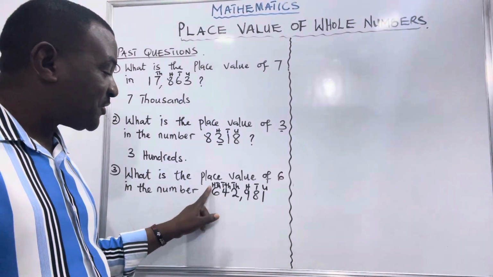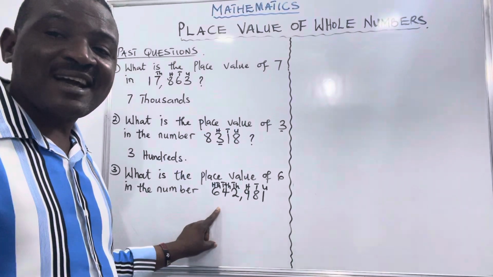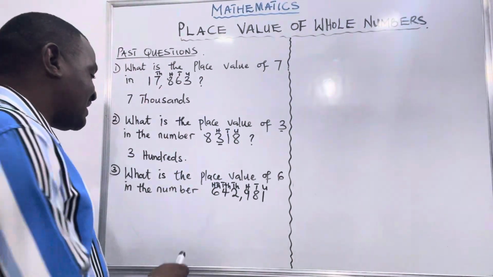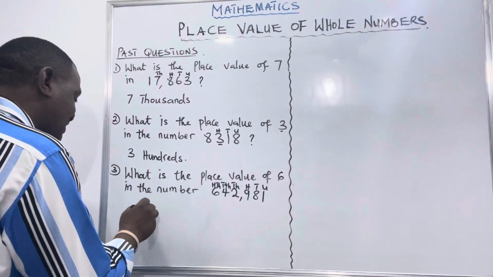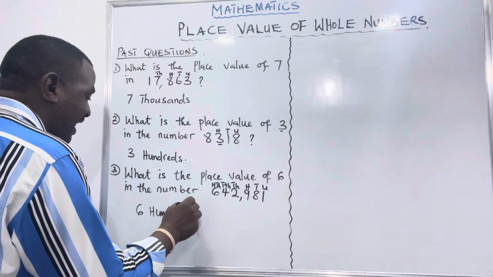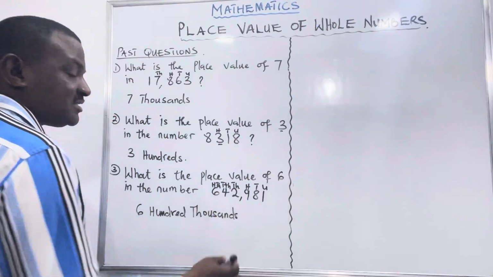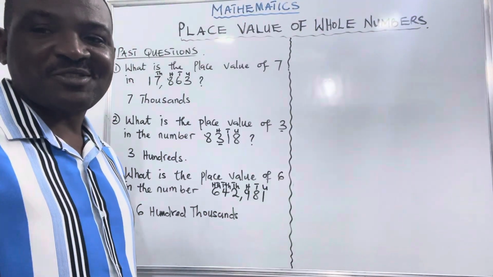Remember, 100,000. That means 600,000. So option E is the correct answer. Okay, 2 more questions.